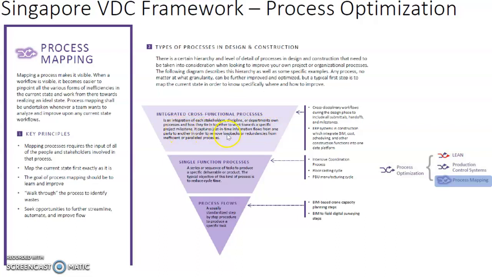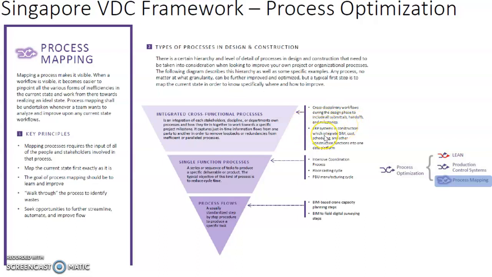It captures just-in-time information flow from one party to another in order to remove loopbacks or redundancies from inefficient or parallel processes. Examples of these high-level processes could be cross-disciplinary workflows during the design phase to include all submittals, handoff, and milestones.